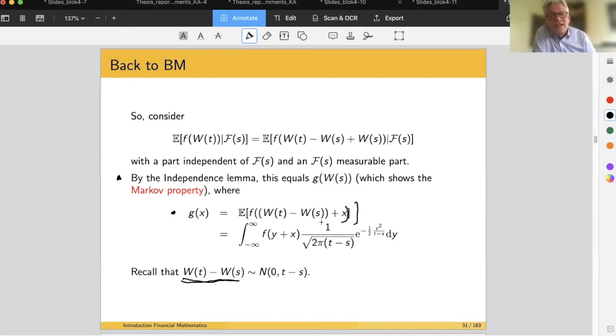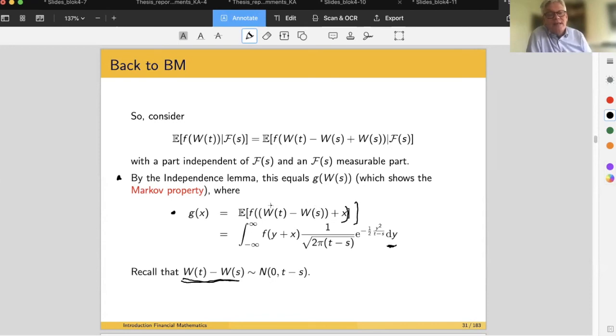So that was in fact 1 over the square root of 2 pi times (t minus s), times e to the power minus 1/2 y squared divided by (t minus s), dy. So what we did here, if we look back, is that the independence lemma tells us that this should be a function of Ws. And we know that this part is normally distributed.